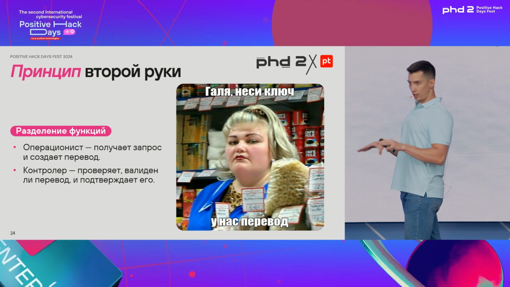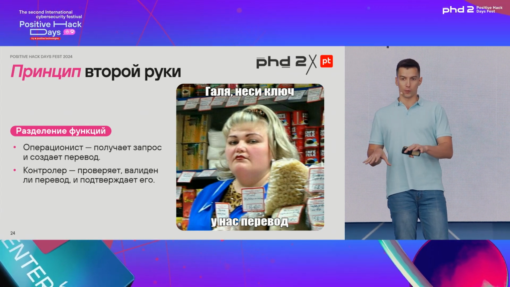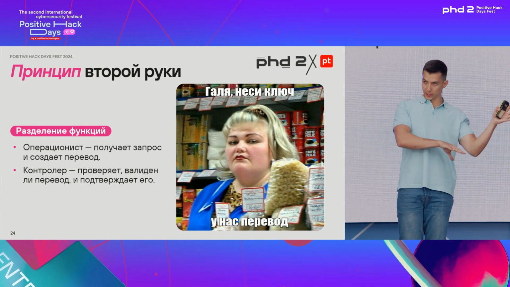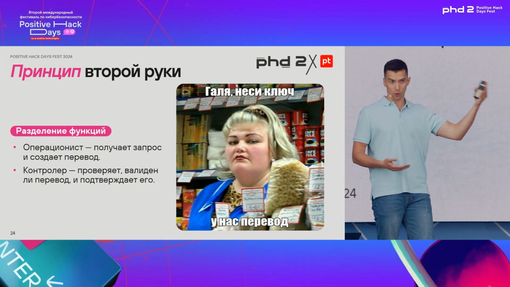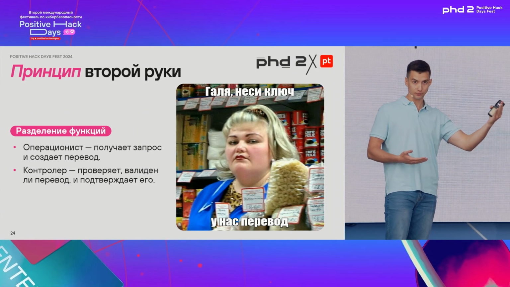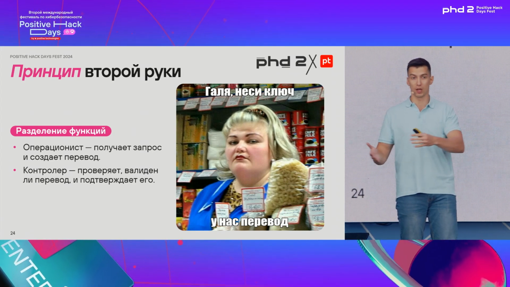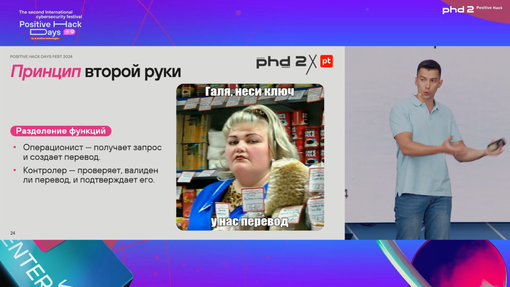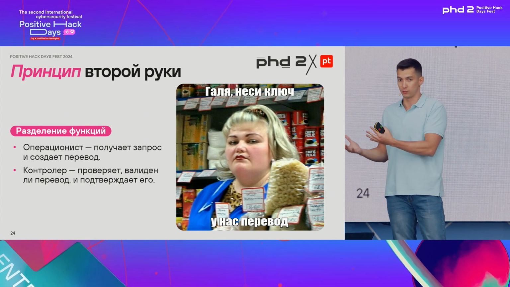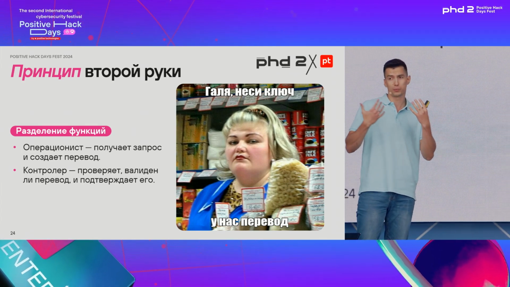There is a second-hand principle, implying that we have a controller and we have an operator. The operator is the one who only creates a certain banking wire or transaction. But to execute it, you need a totally different person with different credentials.